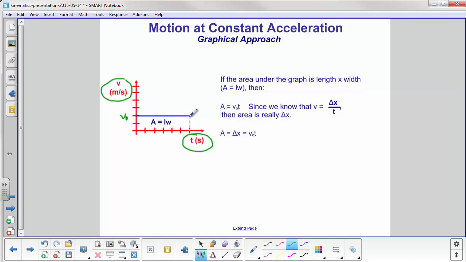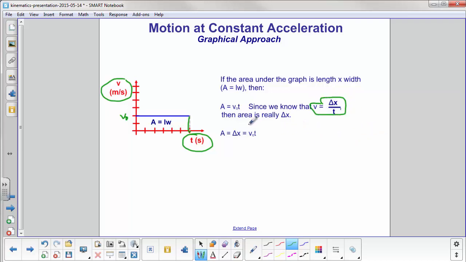We have a rectangle here. We know that the area of a rectangle is length times width, so the area of this rectangle is going to be your initial velocity, that's your height here, and your length is going to be time. So the area equals v0t. Now we also happen to know that velocity is equal to the displacement over time.